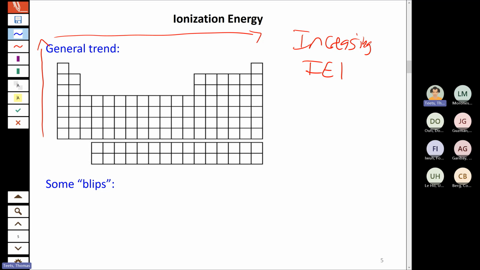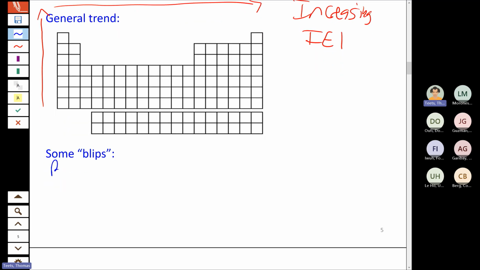And so where that occurs, the most useful ones to remember are for boron and aluminum. That would be here and here. At those two places, you're going to have an abnormally low ionization energy. Actually, there's probably a better way to write this. I'm going to change how I do this a little bit.